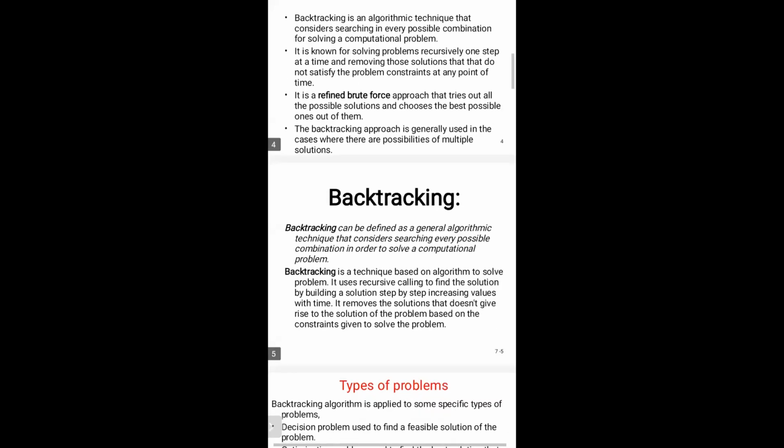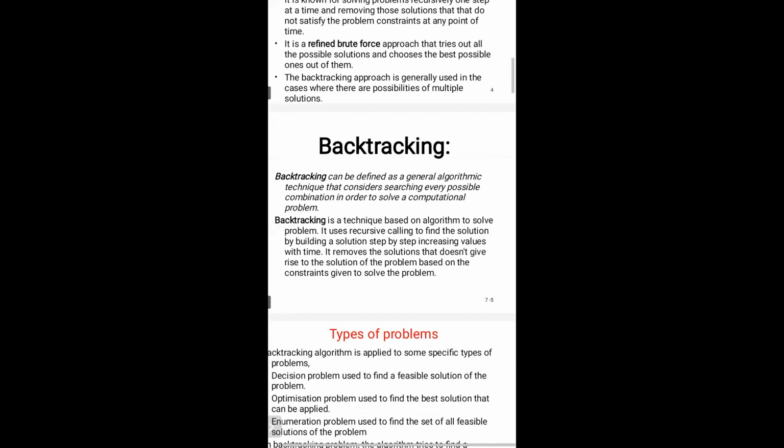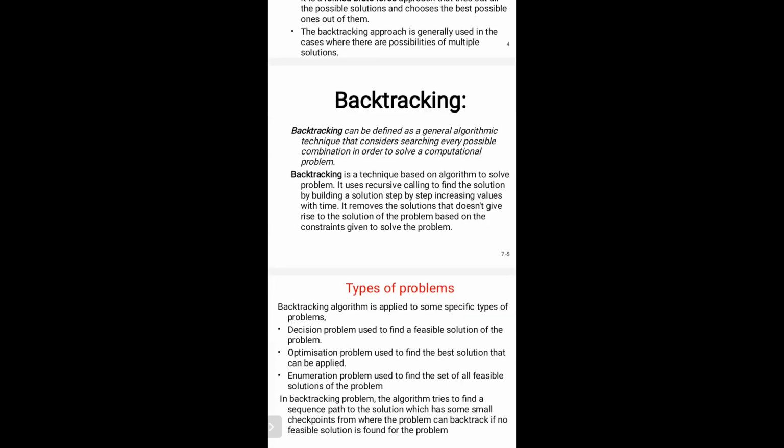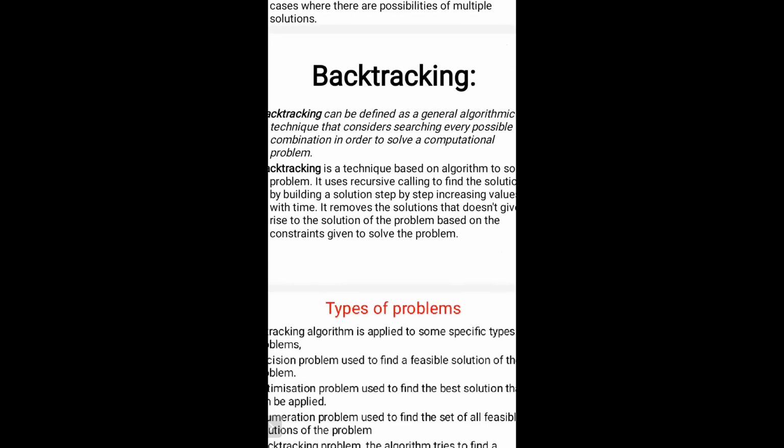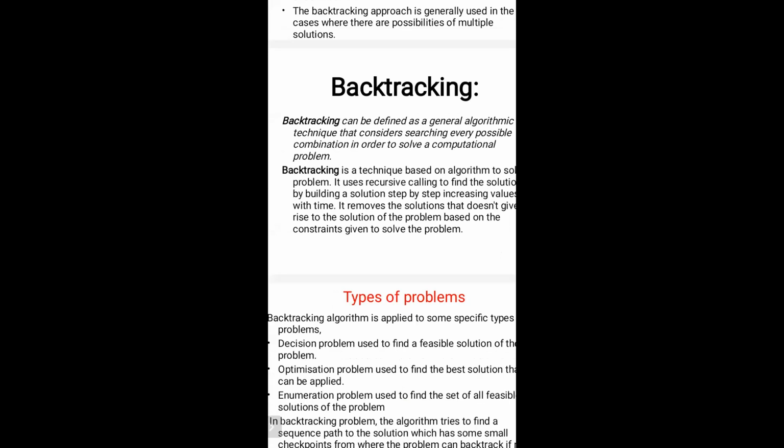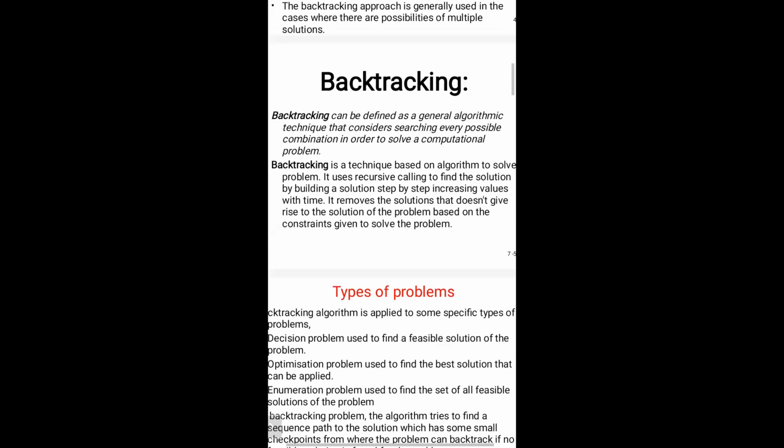So backtracking, what is the definition? Backtracking can be defined as a general algorithmic technique that considers searching every possible combination in order to solve a computational problem. We have several algorithmic techniques. Already we discussed divide and conquer, dynamic programming, greedy algorithms. Like this, backtracking is also a general algorithmic technique.